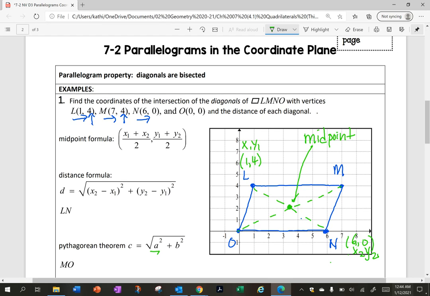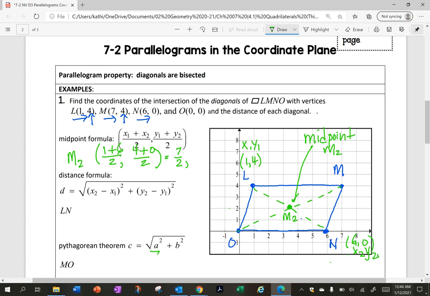Substituting into the midpoint formula, I'm going to call this midpoint 2, just so we have a name for it. x1 is 1, x2 is 6, divided by 2. y1 is 4, y2 is 0, divided by 2. So 1 plus 6 is 7, divided by 2, that's 7 halves.